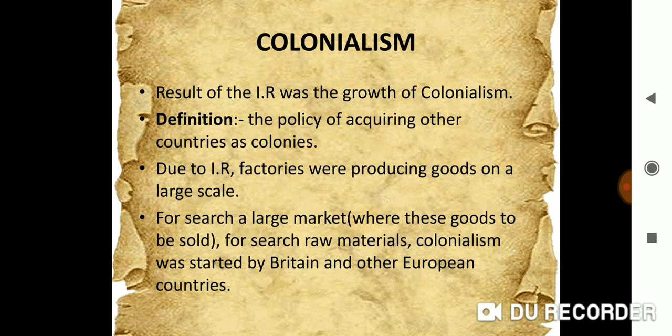Large scale production means surplus. Surplus means extra. So why the search for a large market? Because the surplus goods are to be sold. And for the search of raw materials, colonialism was started by Britain and other European countries.